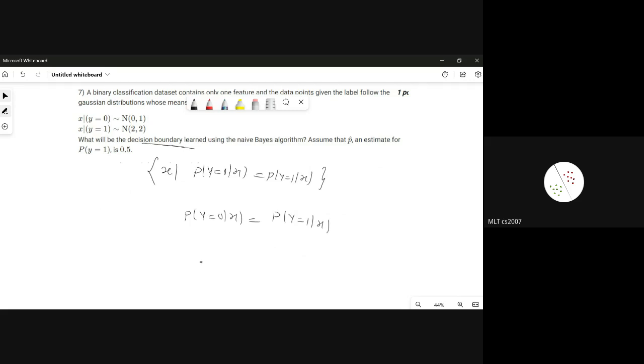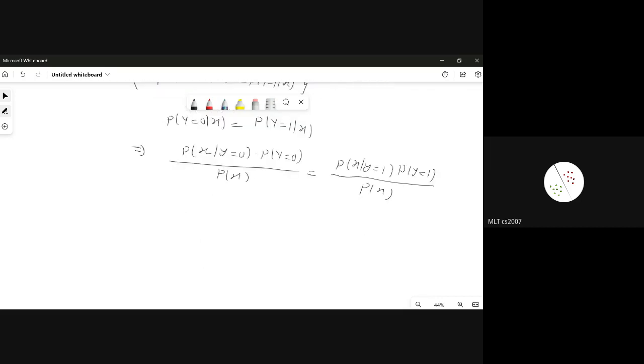If I apply the Bayes rule here, it will become P(x | y=0) times P(y=0) over P(x), and the same as P(x | y=1) times P(y=1) over P(x). I can cancel out these things.